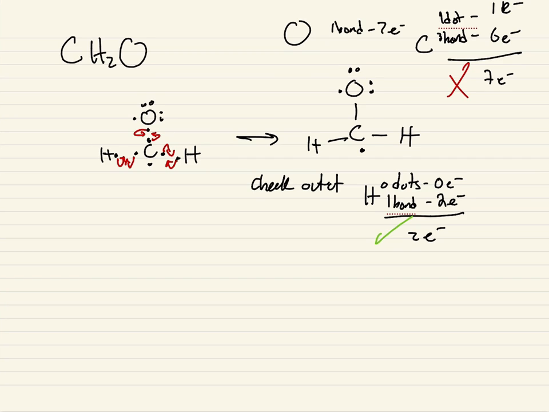So that's 2 electrons. How many dots? 5 dots. That's 5 electrons. So how many electrons total? 7 electrons. Does it satisfy the octet rule? No. That means that we have to redistribute electrons in or out of bonds between this carbon and oxygen now, right? Because they both don't satisfy the octet rule.